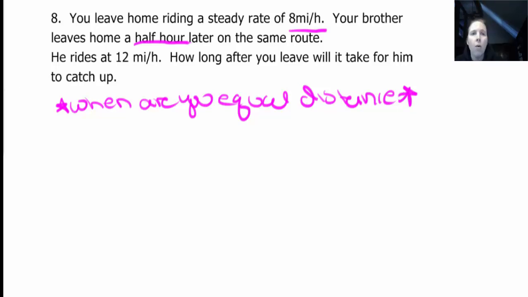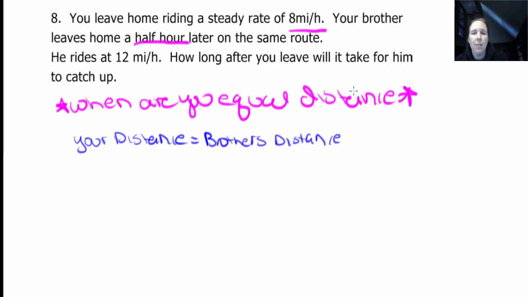So the equation is going to be your distance equals brother's distance. Well, do you remember what distance is? Distance is rate times time. That's something you just have to always remember. Distance equals rate times time.